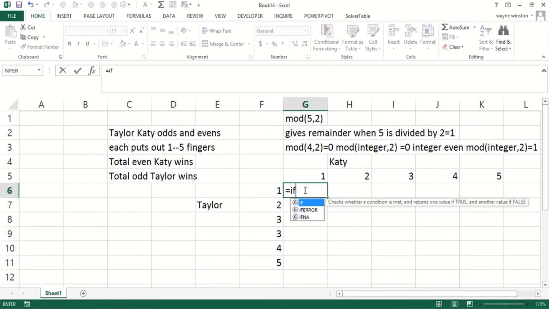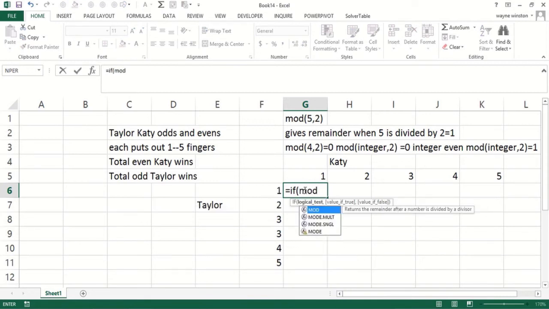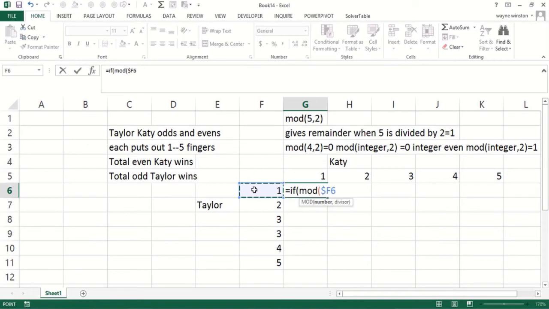So I'd say if mod, I will take how many fingers Taylor put out, and when I copy this, I want the F to not change, so I'll dollar sign the F. And then I would add how many fingers Katy put out, I want the 5 not to change, so I dollar sign the 5. So if those two, when I divide by 2, the remainder equals 0, I have an even, I should put the word Katy, and otherwise put the word Taylor.